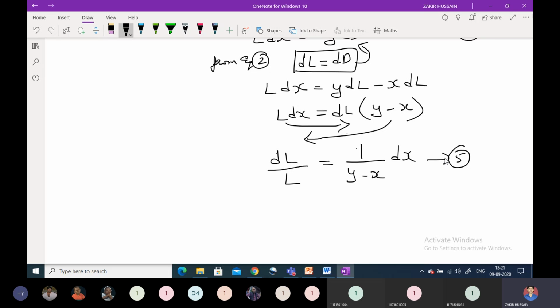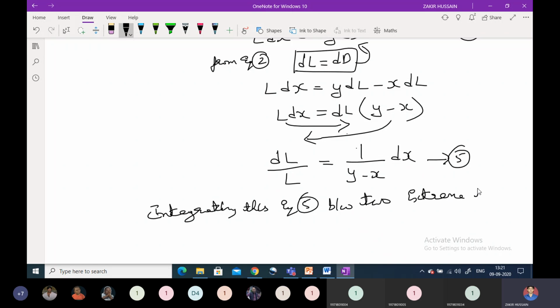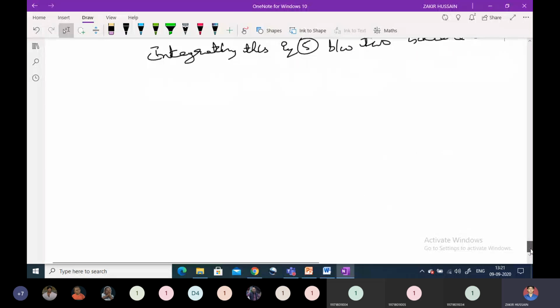Now we will substitute the limits, integrating this equation 5 between two extreme limits. Our extreme limits are between the initial composition and the final composition.